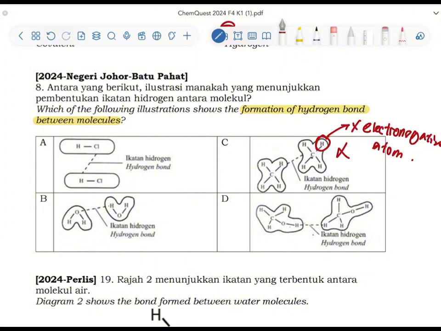So the answer would be B, which is the hydrogen bond formation, where this hydrogen is attracted to a highly electronegative atom, which is the oxygen, in another water molecule, which has the lone pair of electrons to attract the hydrogen.